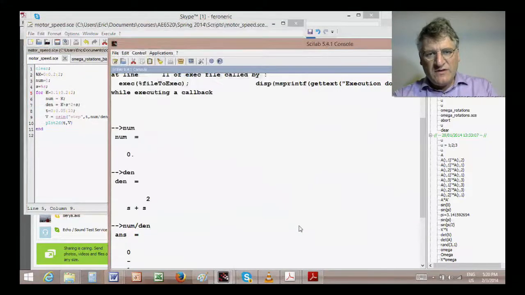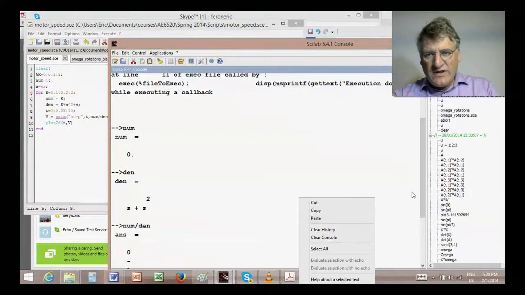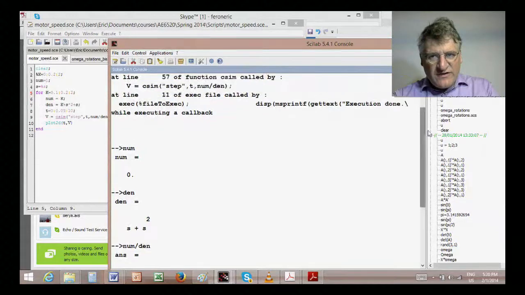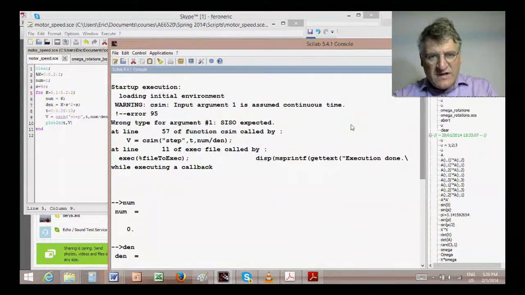Okay? Now what it says is we have an error, and it doesn't like the fact that our argument number 1 is not correct. Okay, so let's try and rerun this thing.